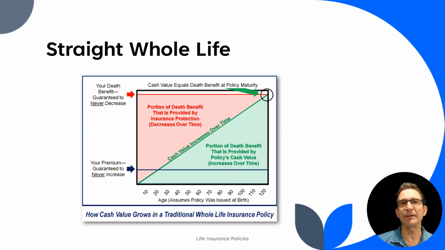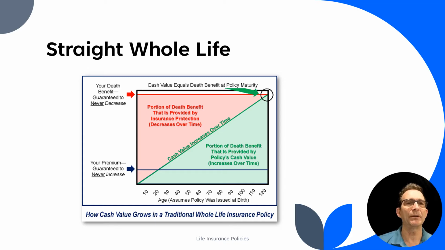And one of the nice features of these plans, though, is the premium is guaranteed to never increase. So a person can bank on, this is what my cost is every month over my entire life. So you can see also that the death benefit is guaranteed. So it doesn't matter what age that person should die, that full death benefit is going to be available.